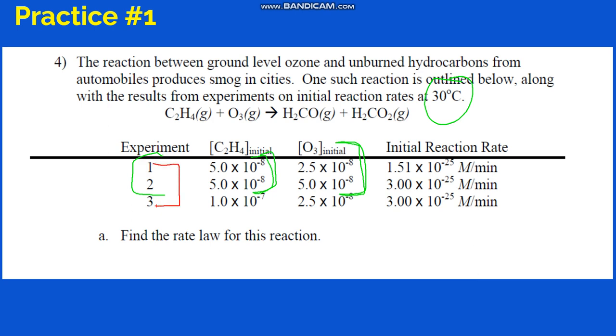In that one, our O3 remains constant, but our C2H4, our hydrocarbon, changes. So to find the rate law, we need to find the N and the M, and those are going to be the order of our hydrocarbon and the order of our ozone. That's the first thing we want to do.